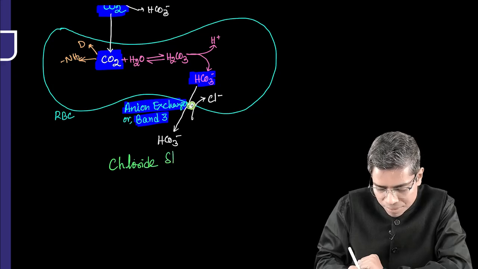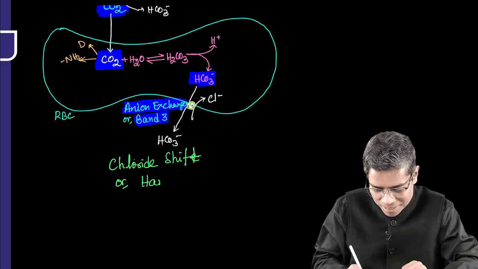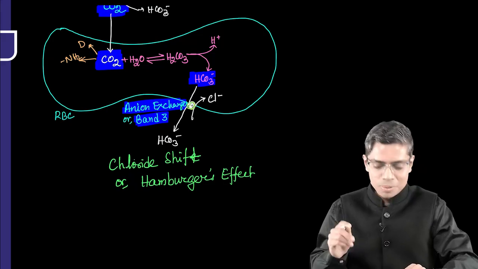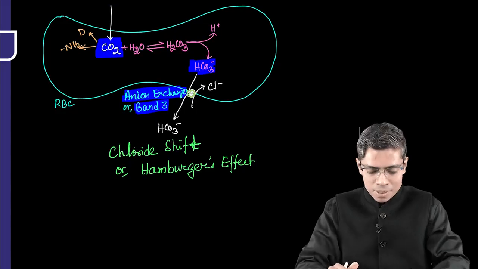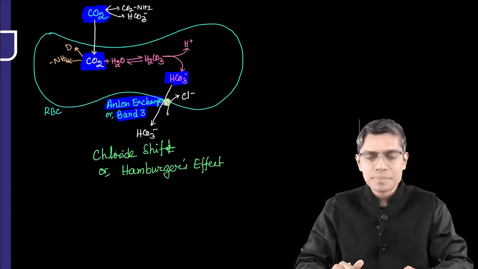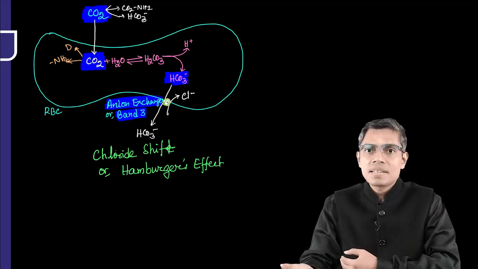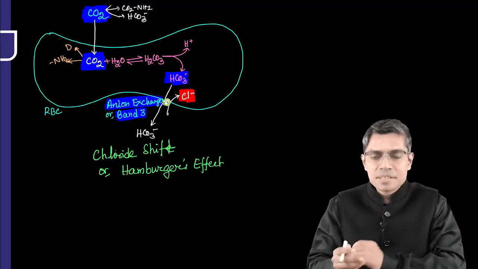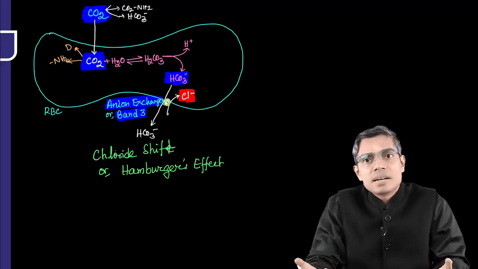This is the very famous chloride shift phenomenon, or Hamburger effect, right? Now when the chloride is entering inside the RBC, initially bicarbonate was high, now the chloride is high. Whether it is bicarbonate or chloride, there is presence of one extra solute inside the RBC.